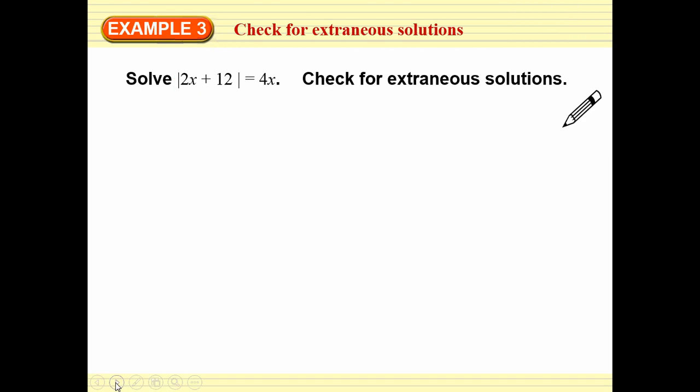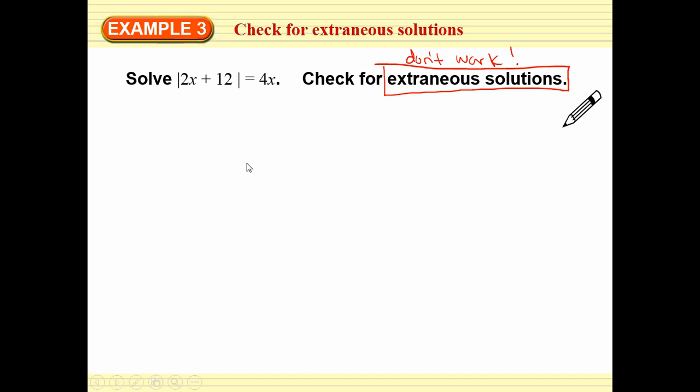So now let's look at this third example here on solving equations. This one has an interesting part to its directions that we need to talk about. This part right here, extraneous solutions, means you have extra solutions that don't actually work. So you need to check those solutions to be sure that they actually work in the context of our problem.